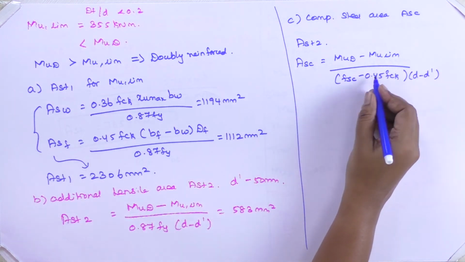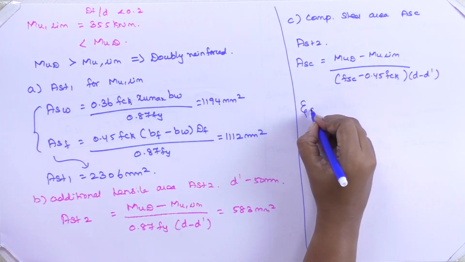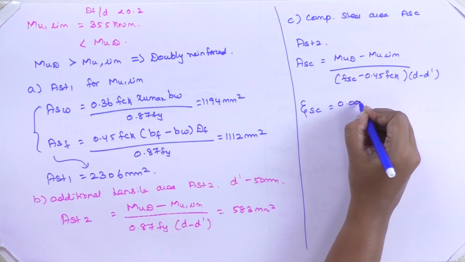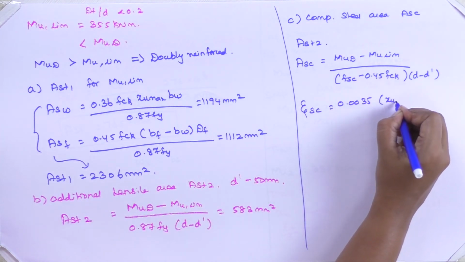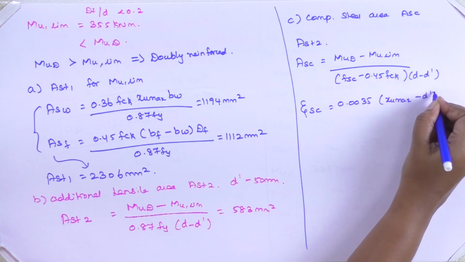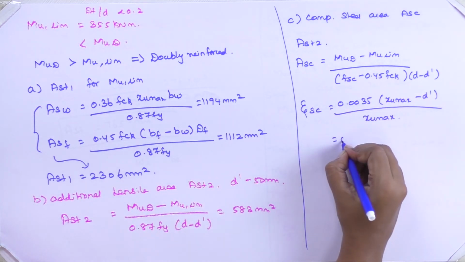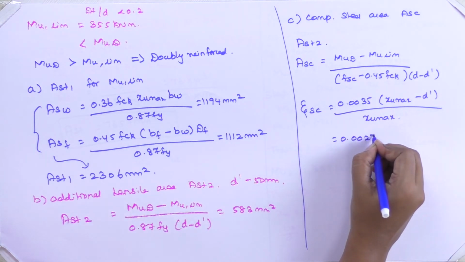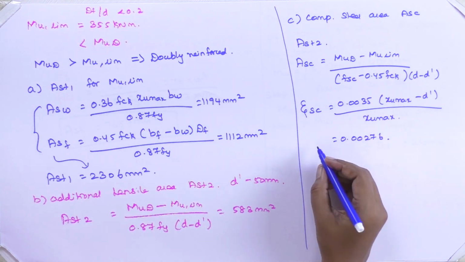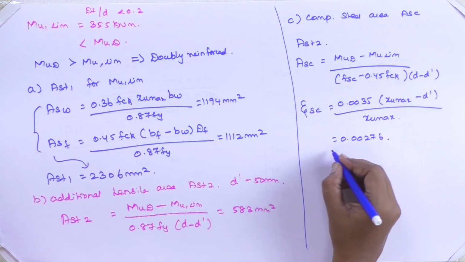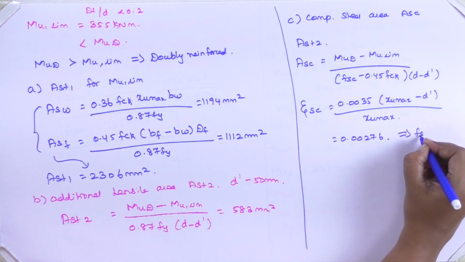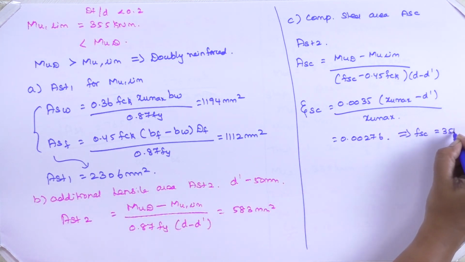For tension it is 0.87 Fy. Then for this FSC I need to calculate epsilon SC: 0.0035 into XU max minus D dash divided by XU max. So I'll get around 0.00275. For this value FSC is equal to 351.8 Newton per mm square.